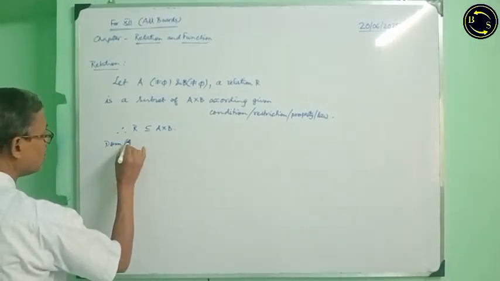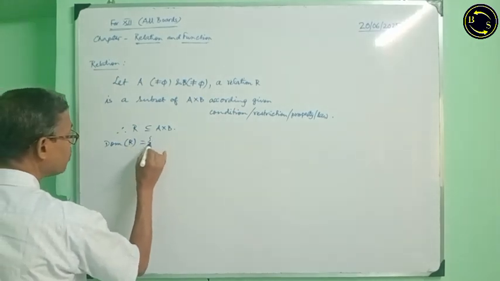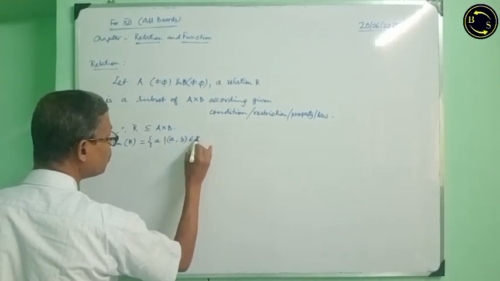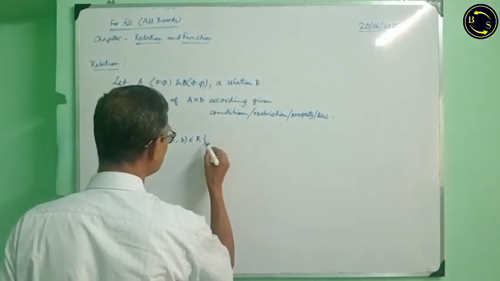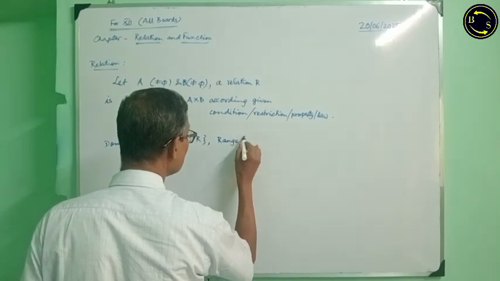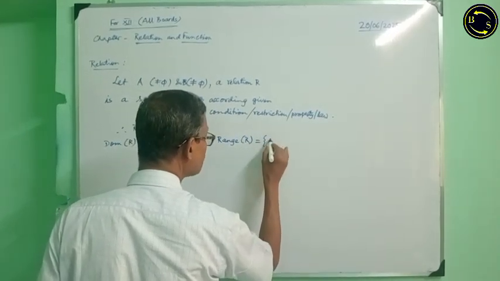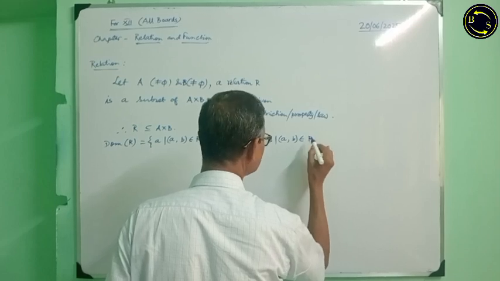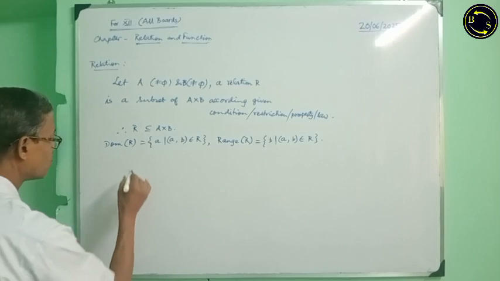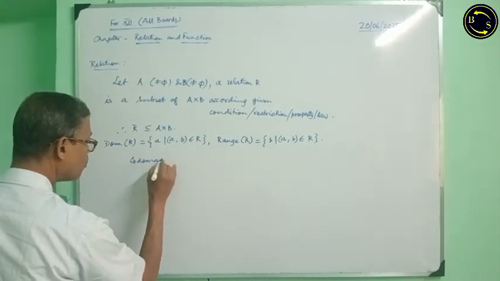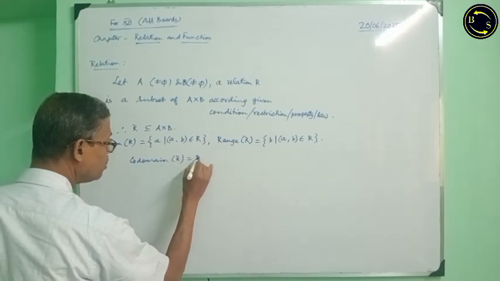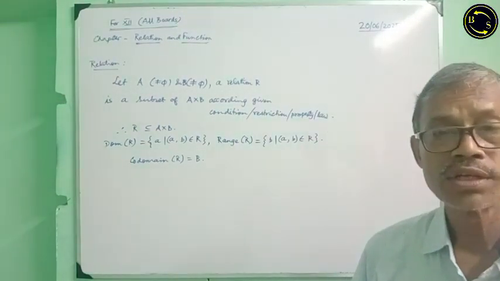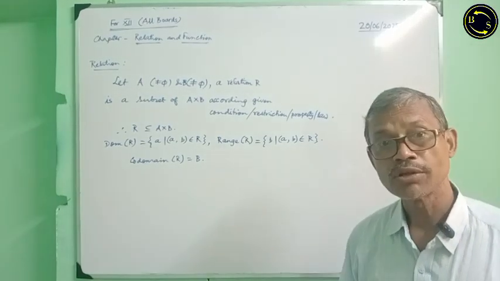Domain of R is the set of A such that (A, B) belongs to the relation R, and range of R is the set of B such that ordered pair (A, B) is a member of R, and codomain is the set B. I suggest students who have not learned relation and function in class 11 can recapitulate or revise.